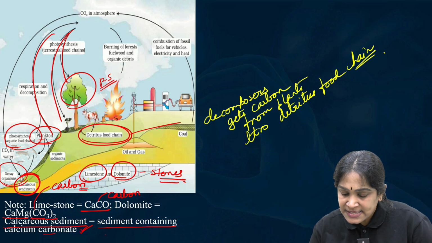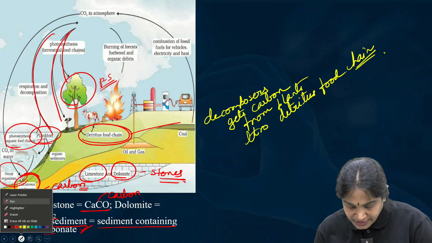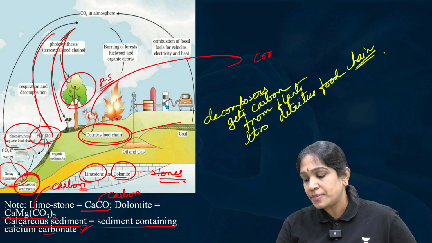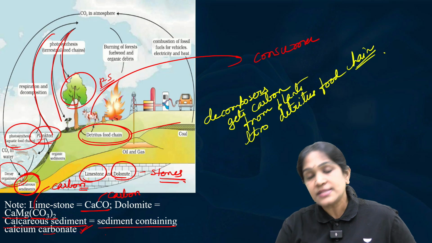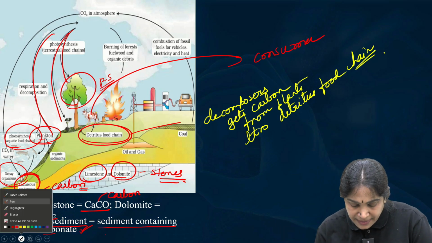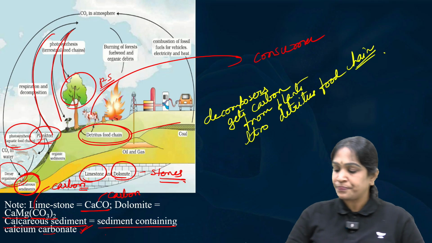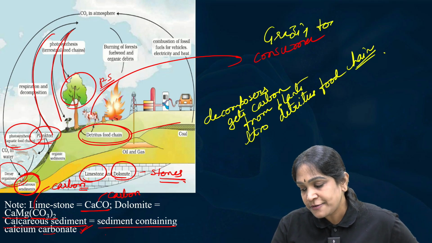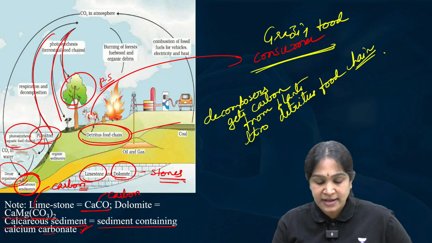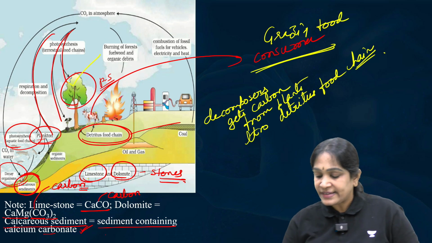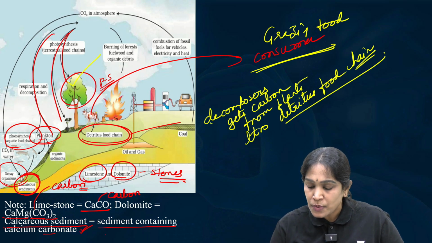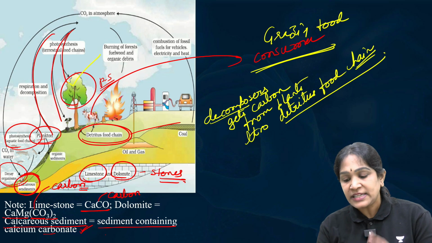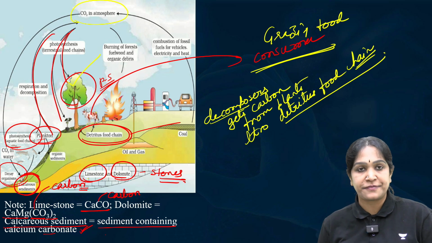And then this cow image you have here, what is it doing? It is a consumer. The consumer will get the carbon from the plant through the grazing food chain. Through the detritus food chain, the decomposers get the carbon from the plant. And the plant gets carbon from the atmosphere.